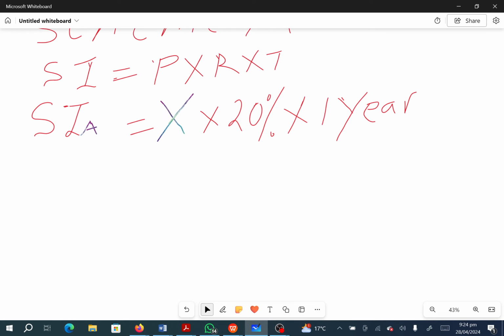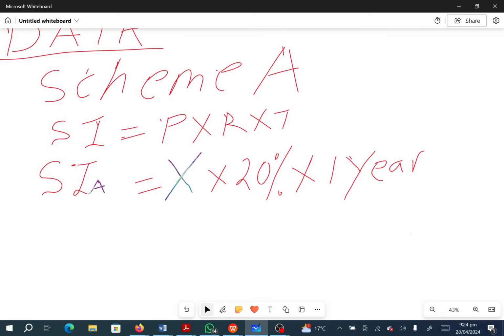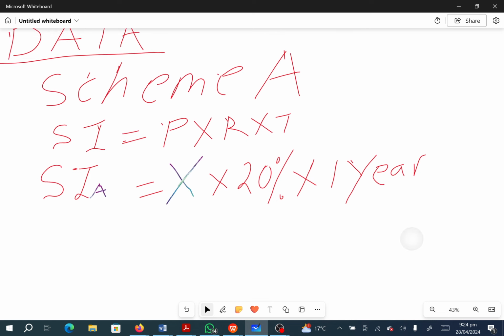Sorry, why did you put X there instead of P? Okay, so I was explaining that we have this formula, which is simple interest is equal to PRT.